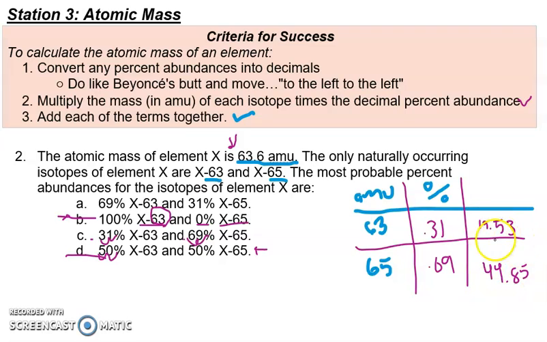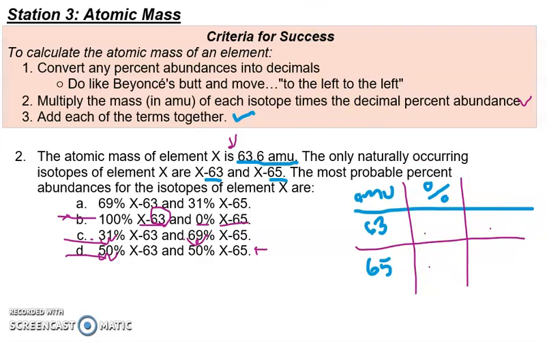So now I'm going to add these two numbers together and see if it equals 63.6. So 44.85 plus 19.53 is equal to 64.4. And that does not equal 63.6, so it is not C. So let me go ahead again and erase all of this so I can do the next one.